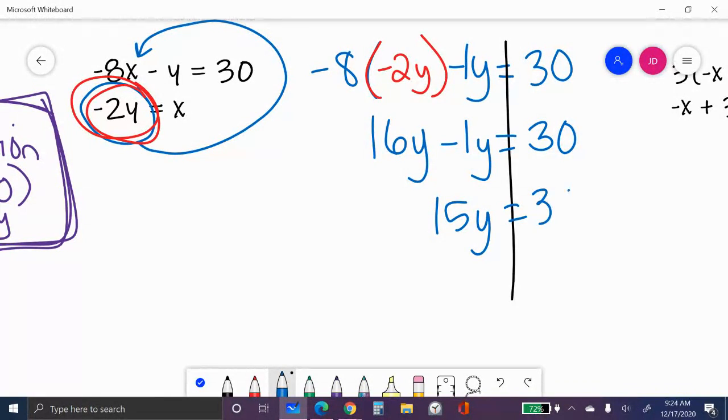Combine like terms. All right? You have to combine like terms. Divide both sides by 15. And my y value is +2.